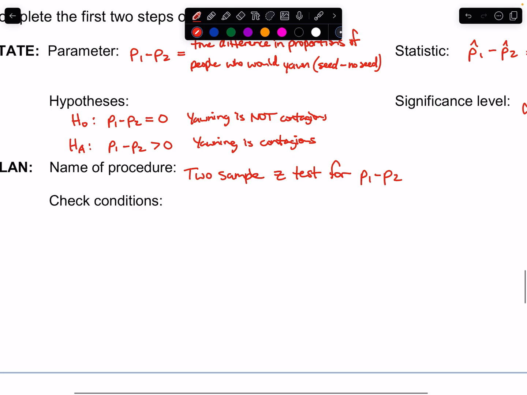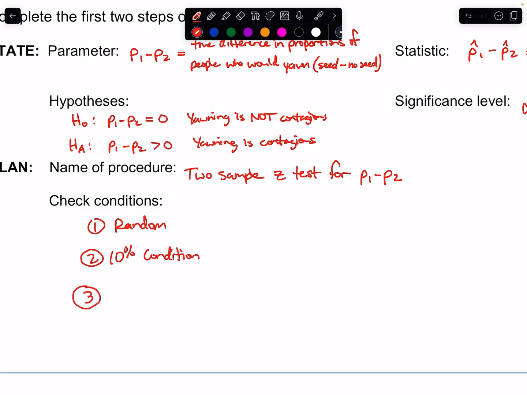And then we got to check 3 conditions. We got to check if it was random. We got to check if the 10% condition was met. And then last was our large counts. So was it random?